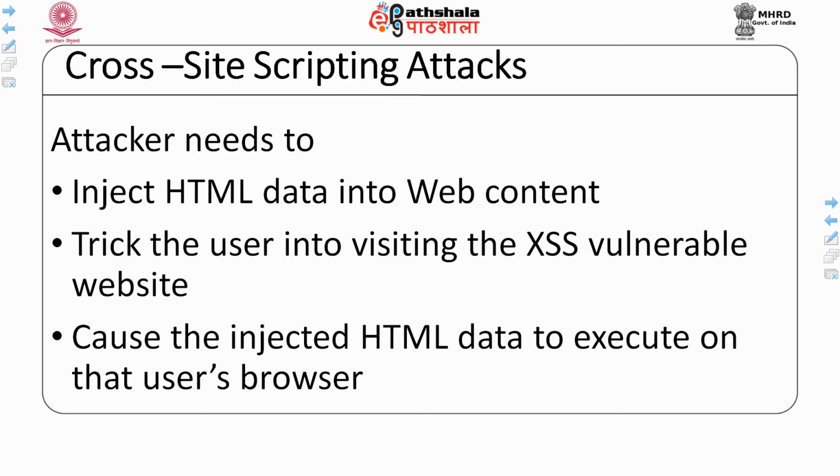The attacker actually wants to inject HTML data into web content. You all know when a web request is generated, it is actually HTML code. Now, what does an attacker want to do? It wants to trick the user into visiting the cross-site script vulnerable website.